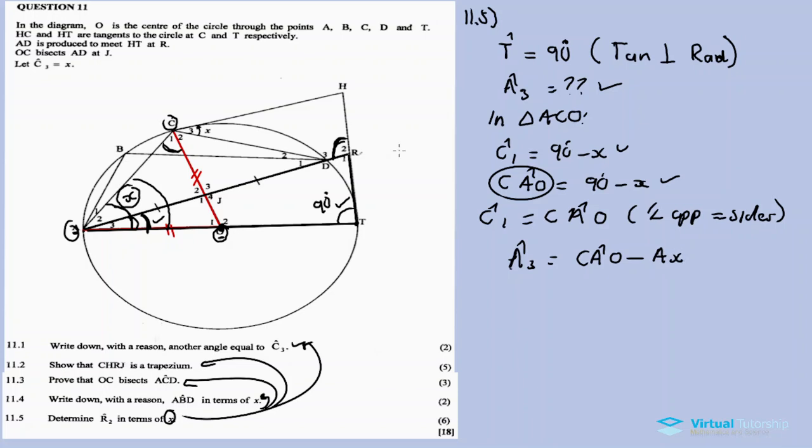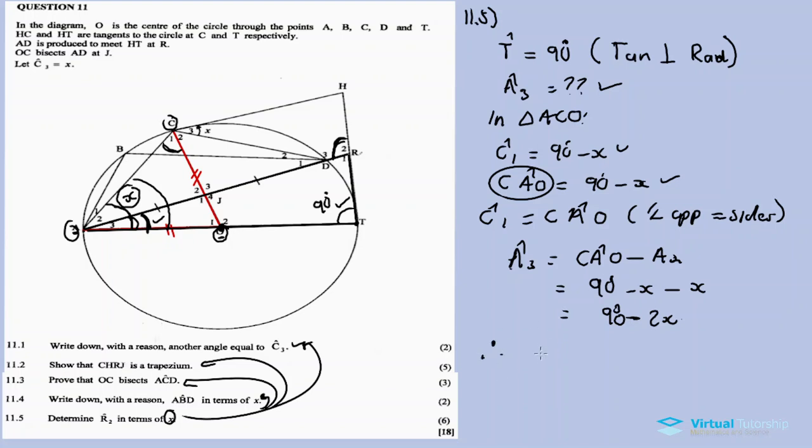Minus A2, I was rushing and wrote x, it's A2. CAO is 90 degrees minus x, right? Minus x. So therefore A3 will be equal to 90 degrees minus 2x, since minus x and minus x gives me minus 2x.